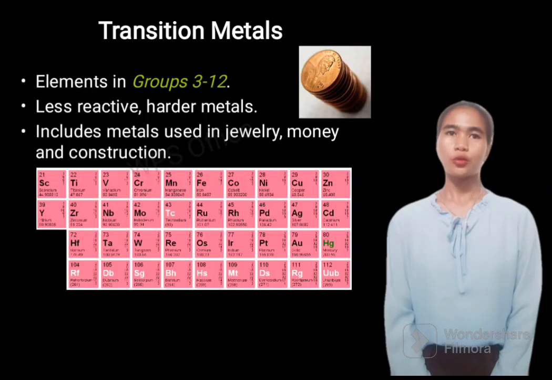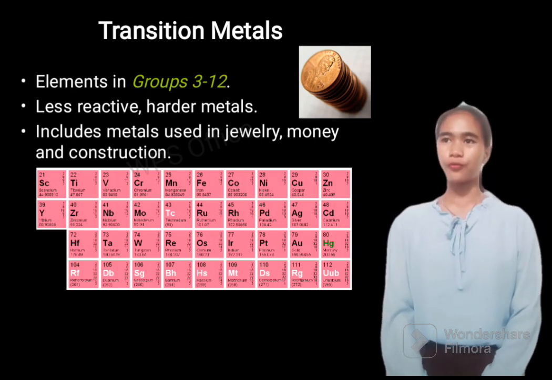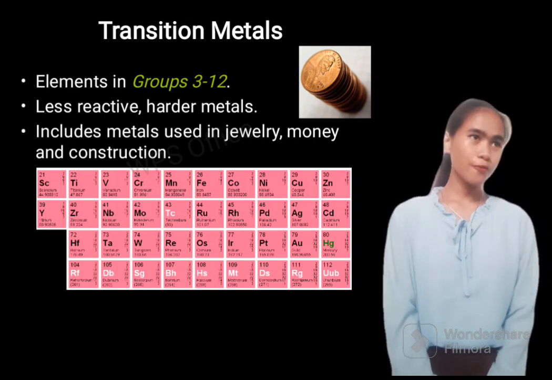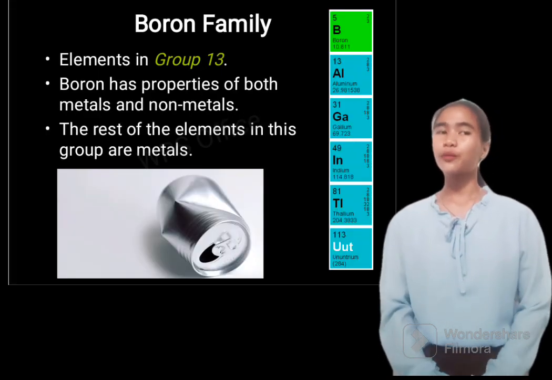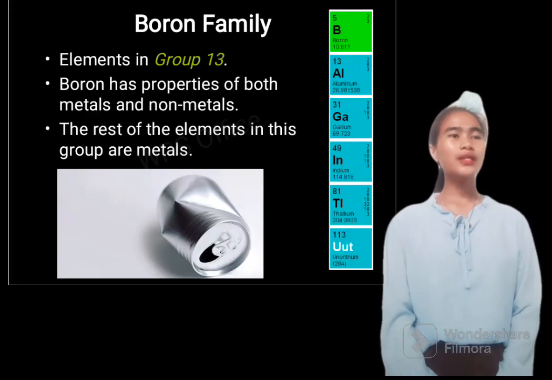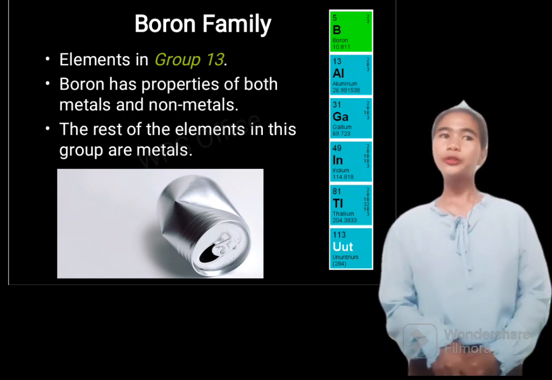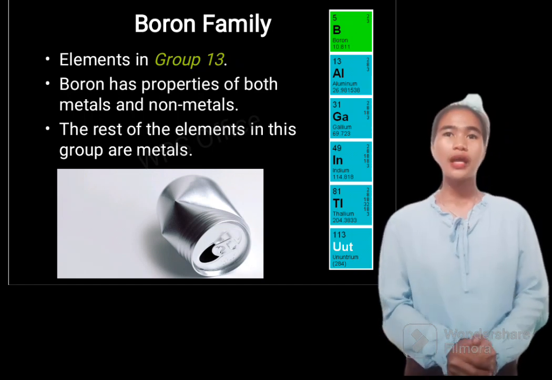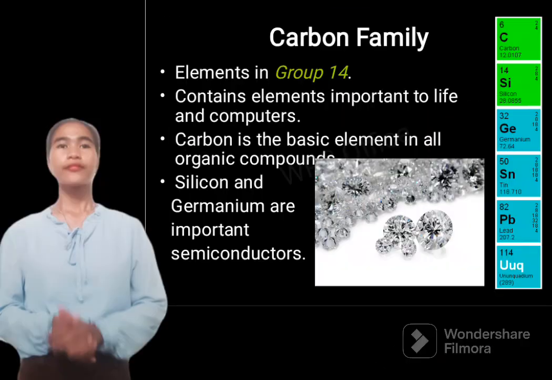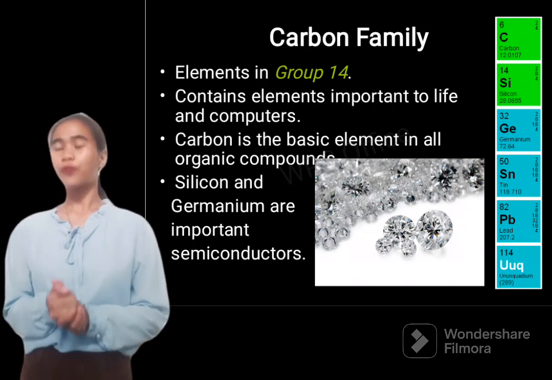For the transition metals, we have elements from groups 3 to 12. These are less reactive but harder metals. And for the boron family, we have elements in group 13. We have boron, aluminum, gallium, indium, thallium, and ununtrium. For the carbon family, we have elements in group 14.